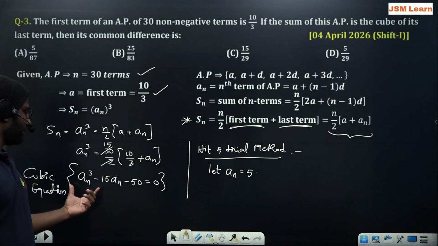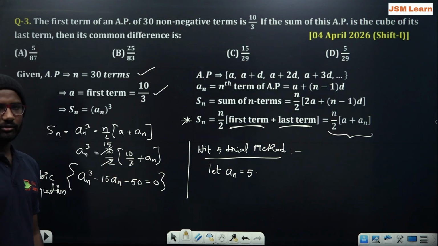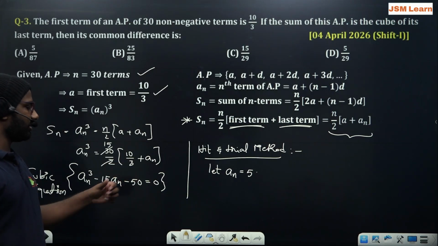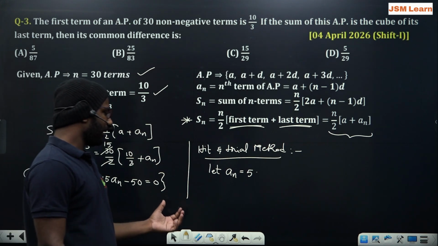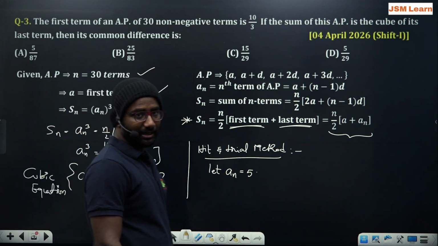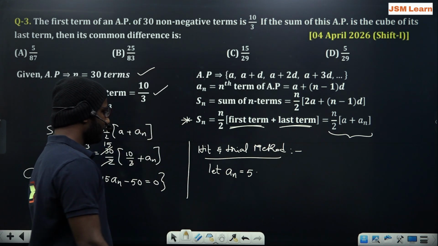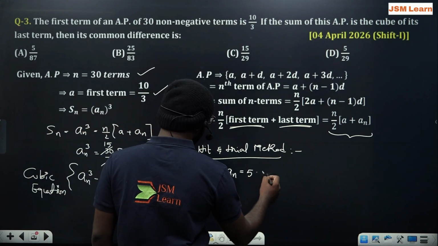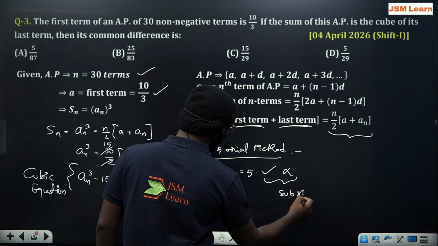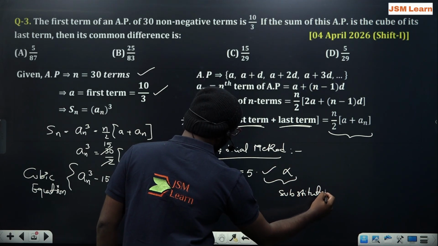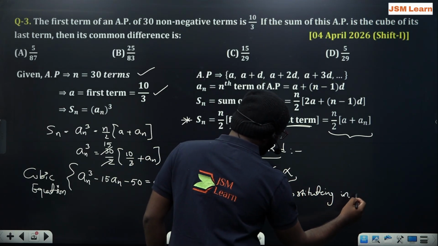By observing the coefficients of the cubic equation, I got to know that these are multiples of 5. That's why I assumed that An can be 5. We need to check whether it is correct or wrong by substituting in the cubic equation.